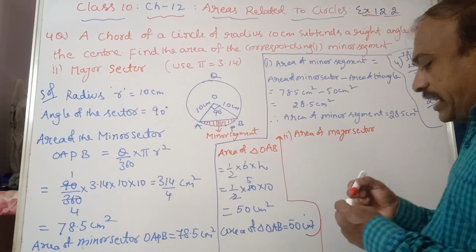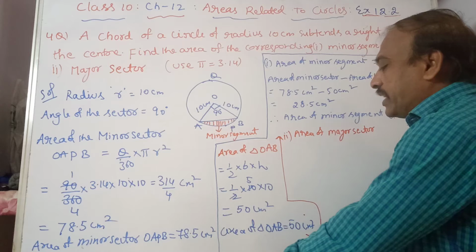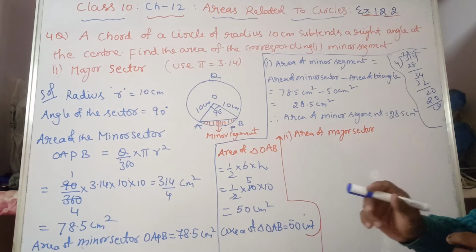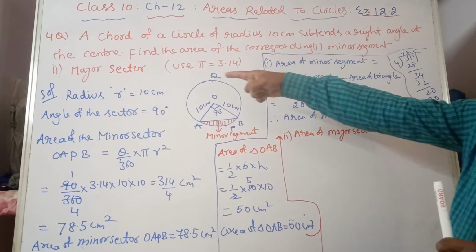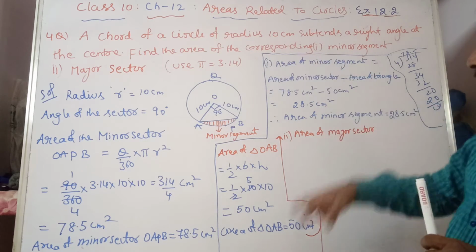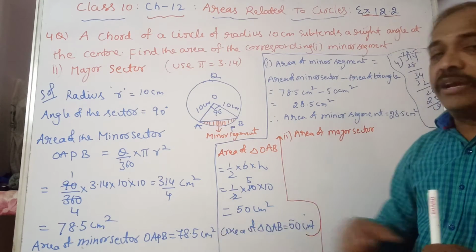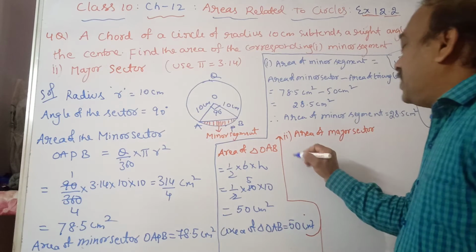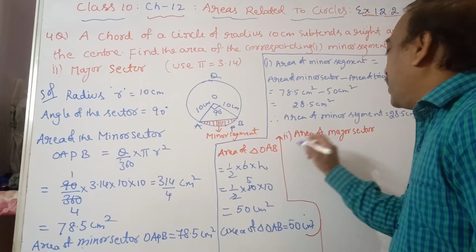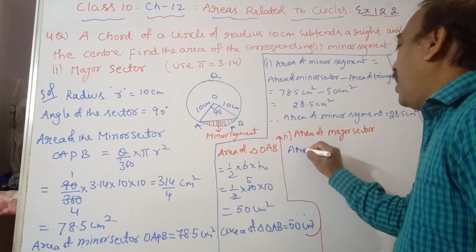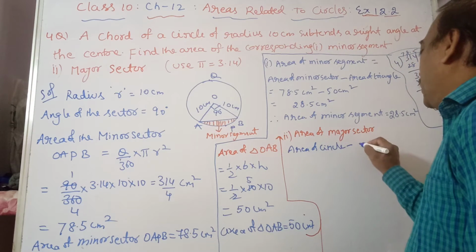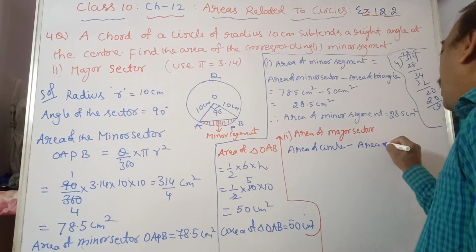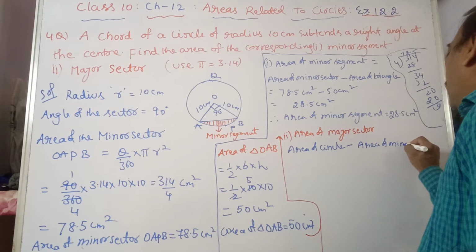How to find out the area of the major sector? It will give you area of circle minus area of minor sector. Minor sector we calculated already. So area of circle minus area of minor sector.